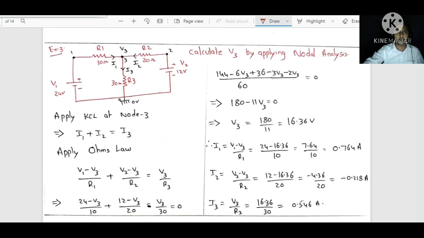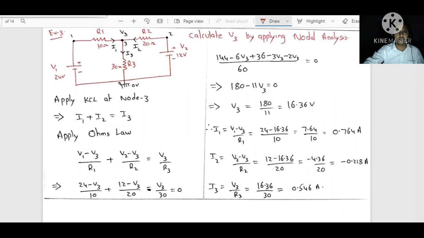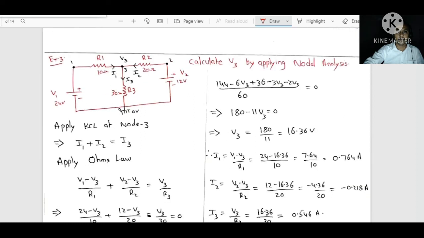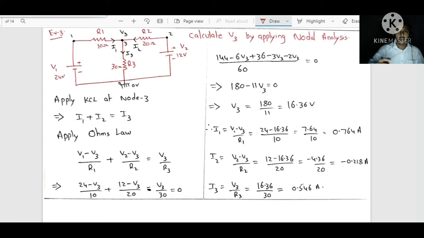Now let me do one more small simple example. Calculate V3 by applying nodal analysis. This is node 1, this is node 2, and this one is node 3, and we have taken a reference node.